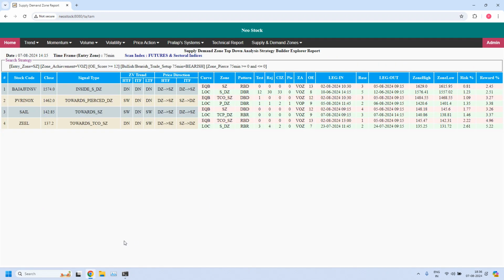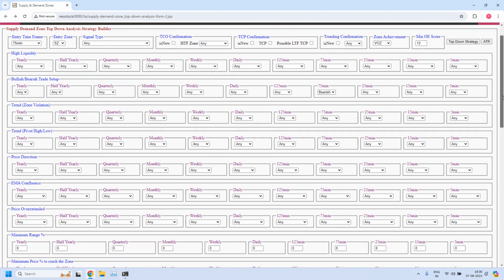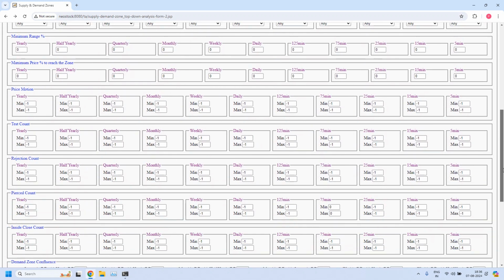Now let us generate the report. So 4 stocks are filtered. These 4 stocks are currently supporting the bearish trade setup for weekly income trade, that is, the entry time frame is 75 minutes. And let us check how many of these stocks have ITF confluence, that is 75 minutes and daily supply zone confluence.